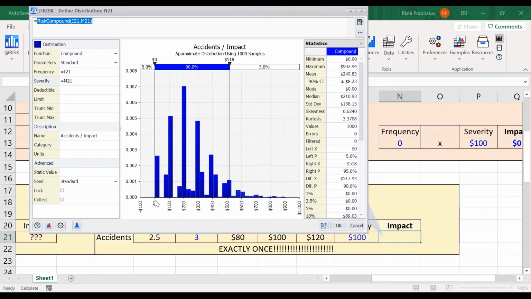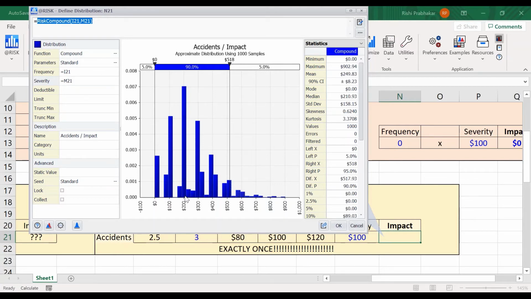So you can see this first spike here. What's that? Well, that's a spike at 0. And 0 means there were no accidents, so the impact was nothing. This next spike you can see is centered around 100. What does that represent? Well, if you have 1 accident, the impact will be something around 100. This next spike centered around 200. What's that?